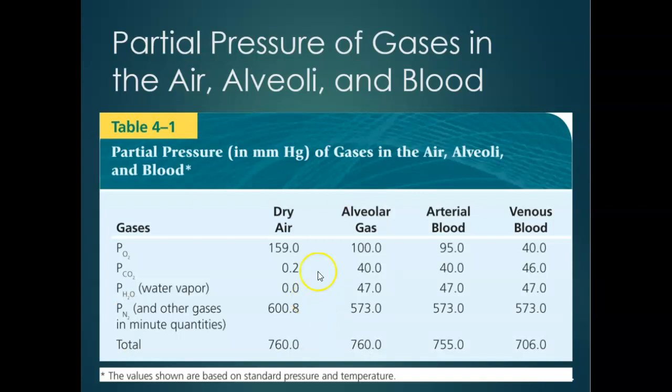Okay, so if you think about it, when we breathe in, our O2 in the alveolar space is going to be at a partial pressure of about 100, and the venous blood that's coming back to the lungs is about 40. So there's a big pressure gradient here that's causing this gas to move into the venous blood.